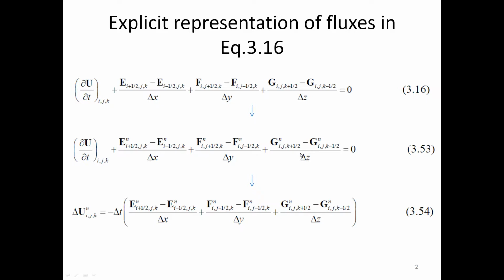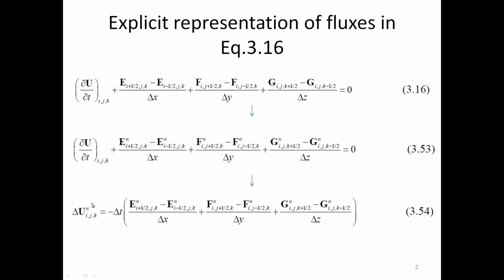From this expression we get this formula. This is the change in the solution at grid point i, j, k during the interval from time n multiplied by delta t to time n plus 1 multiplied by delta t.